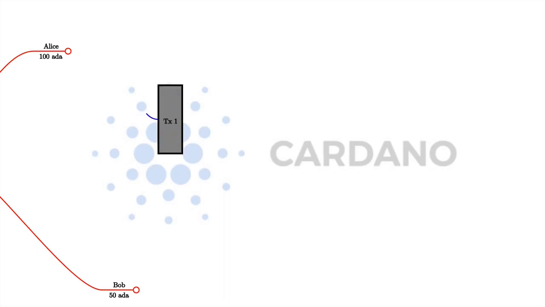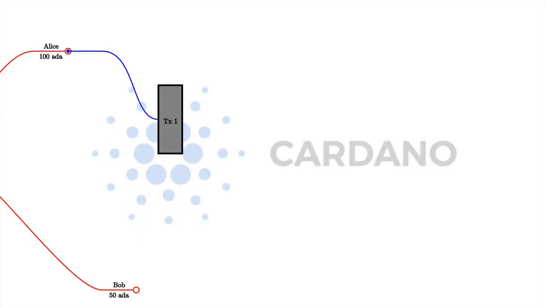So by using the UTXO of 100 ADA as input to a transaction, Alice has now spent that UTXO. So it's no longer a UTXO, it's no longer unspent, it's been spent. And now she can create outputs for a transaction. So she wants to pay 10 ADA to Bob.